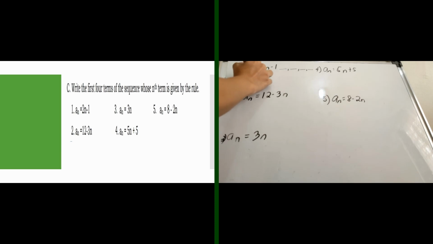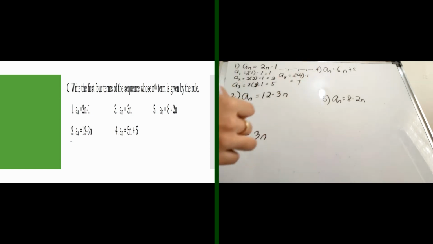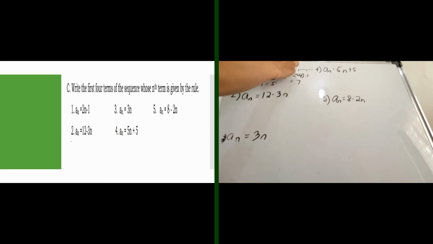So, 2 times 2 minus 1, which will give you 3. Then, a sub 3, which is 2 times 3 minus 1, and that will give you 5. Then, your a sub 4 is 2 times 4 minus 1, which will give you 7. So, in here, the pattern will be 1, 3, 5, and 7.